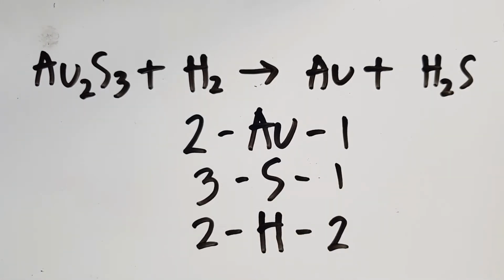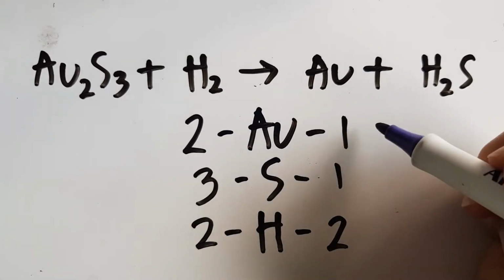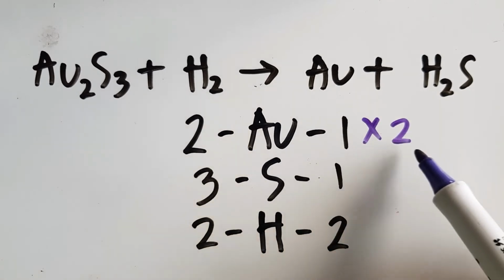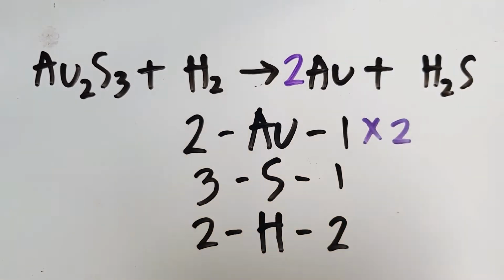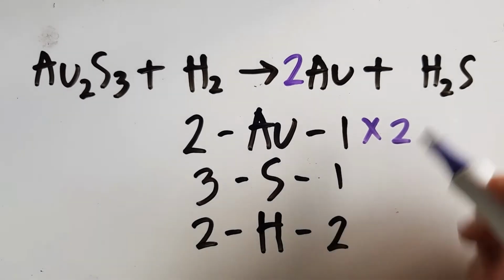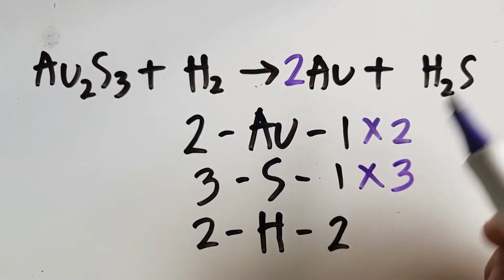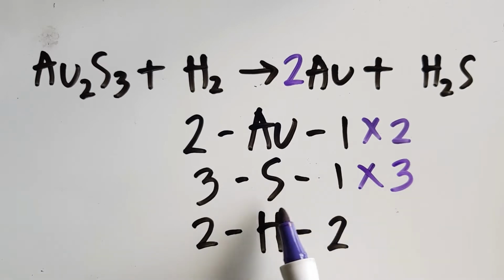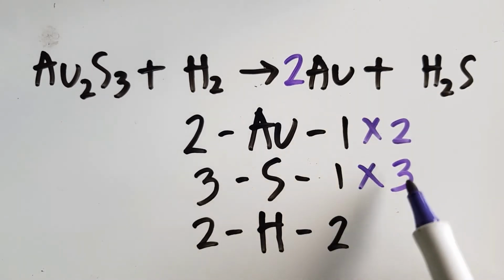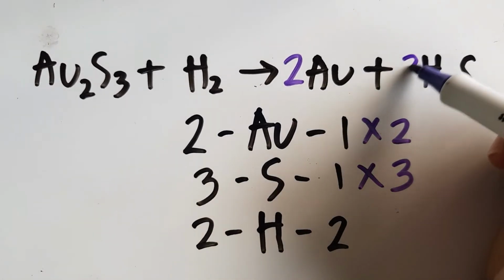And then I need to balance Au. I need to multiply this side by 2, and then look for Au on the right side and put a coefficient of 2. Then I need to multiply S on the right side by 3 to make them equal, and then look for S on the product side and put a coefficient of 3.